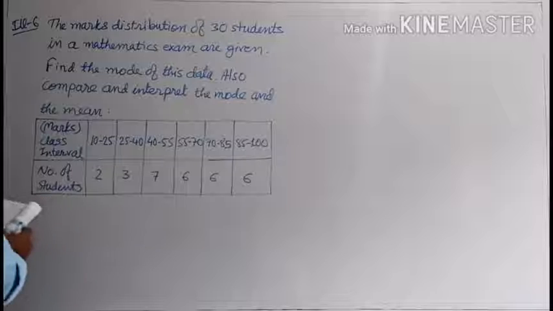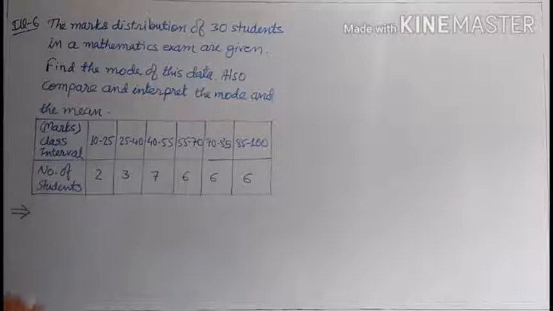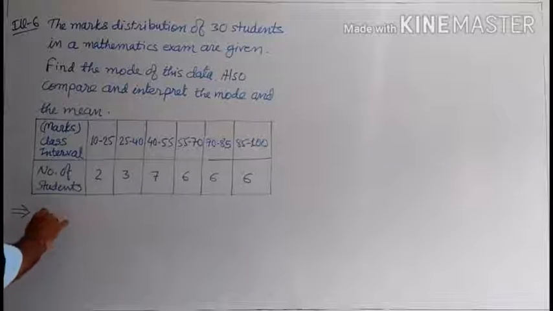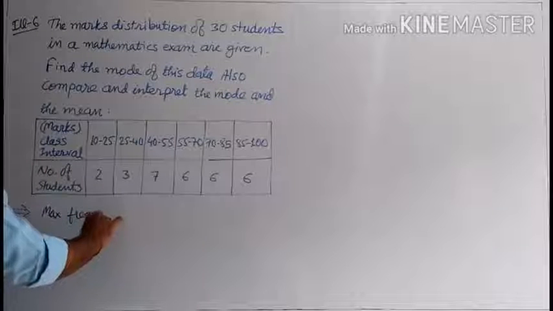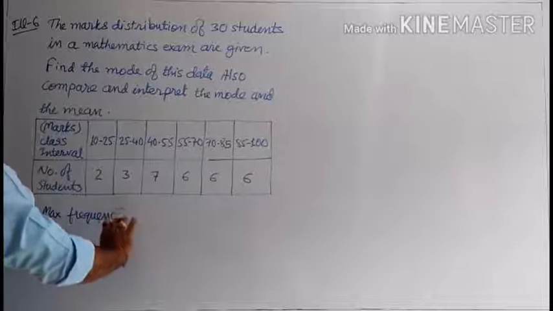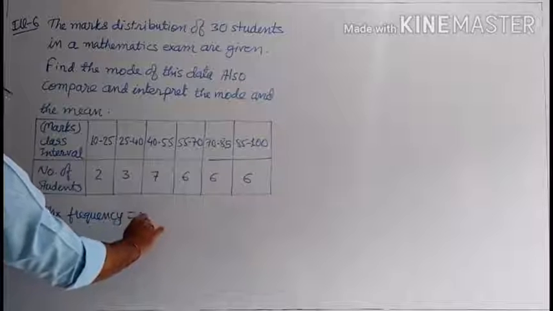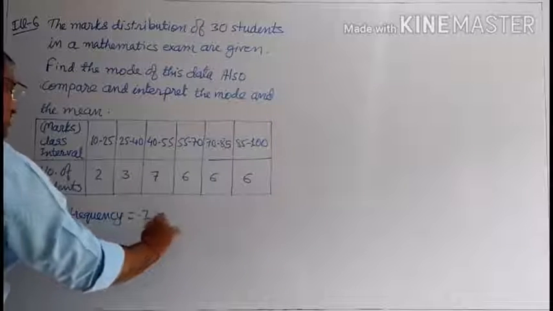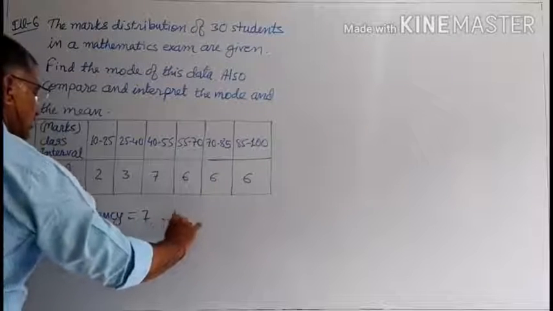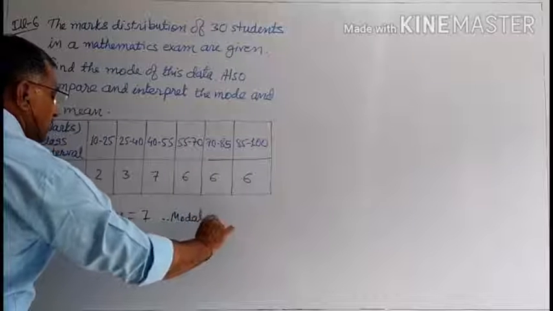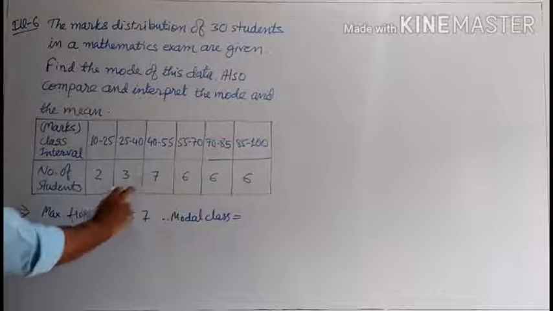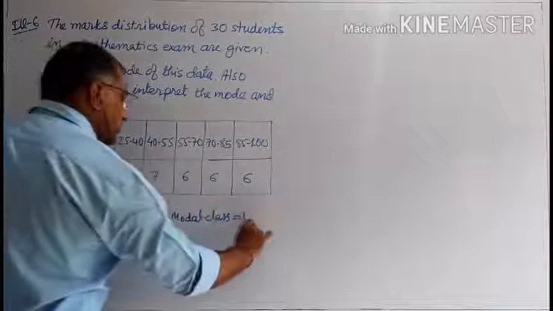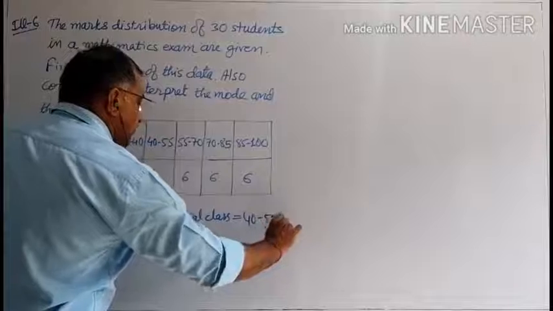Here for mode we need to find the modal class. So here the maximum frequency is 7, and therefore the modal class is the class having the highest frequency, so that is 40 to 55.